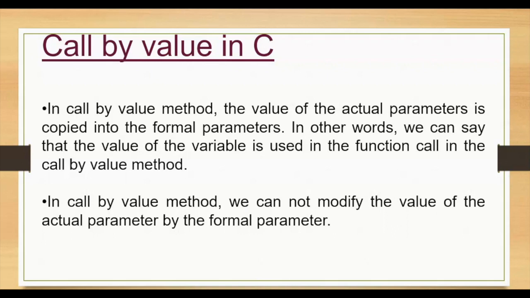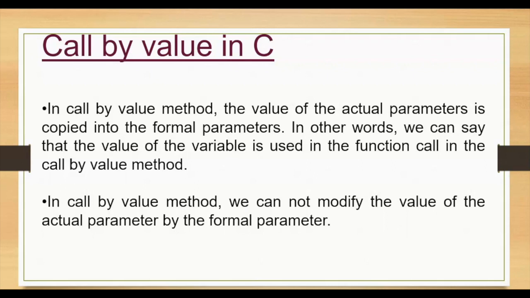Actual parameter means the variables we use at the time of function call, and the formal parameter means the variables we use in the function definition. So the value at the time of the function call is just copied into the formal parameters.